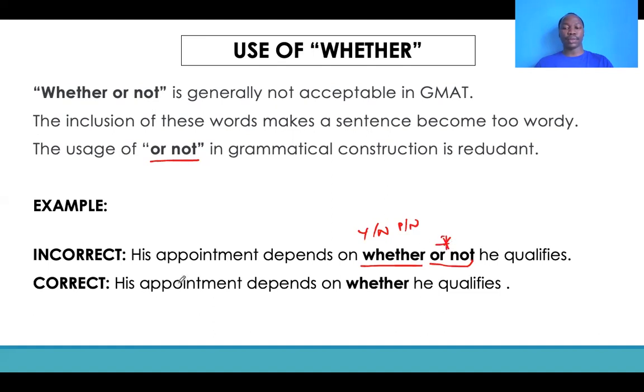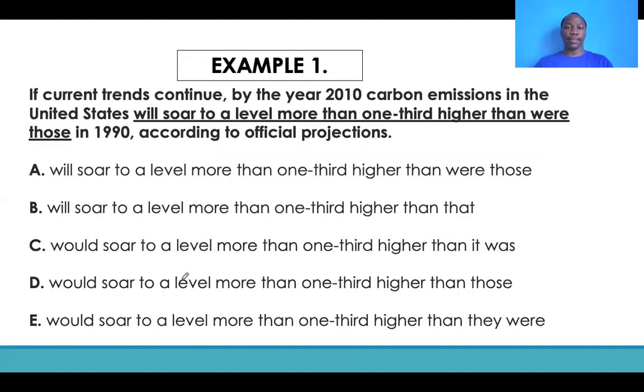So the correct way to construct this sentence would be: his appointment depends on whether he qualifies. Whether, as I've informed you, stands for the possibility of him being qualified or the possibility of him not being qualified, all right? So that possibility will depend on his appointment, right?